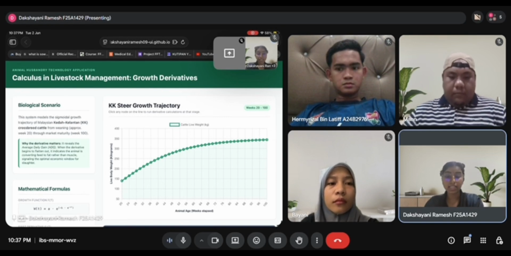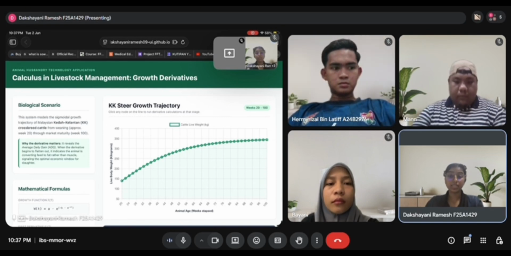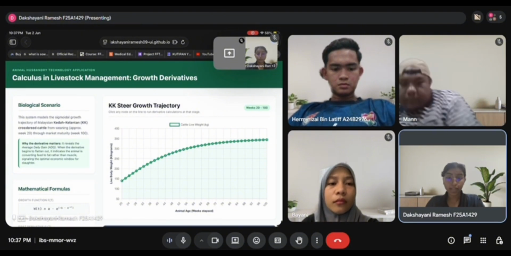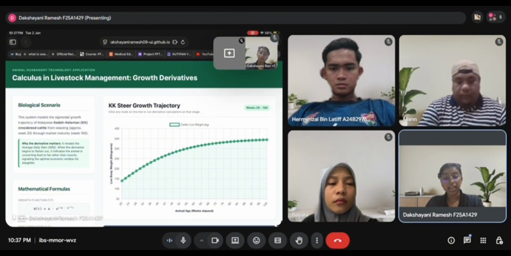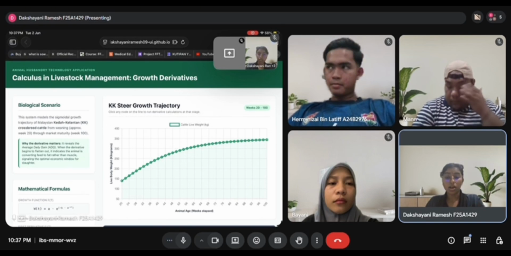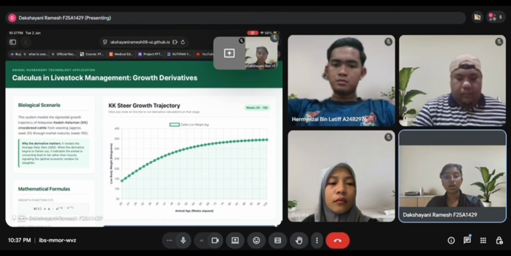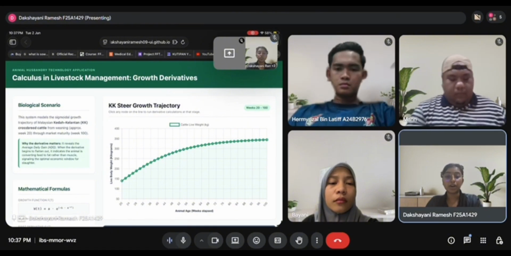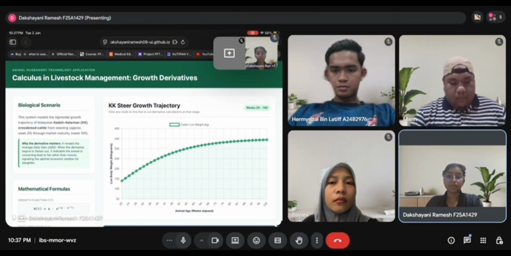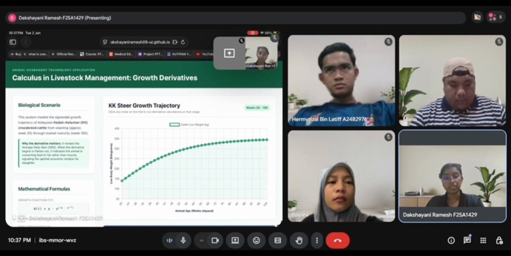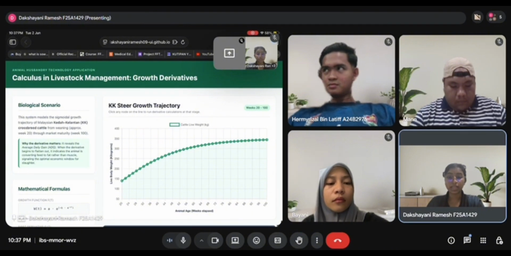By understanding the growth rates, farmers can monitor animal performance, improve feeding efficiency, reduce unnecessary feeding costs, determine the optimal marketing age, and increase overall farm profitability. Therefore, calculus provides valuable information that supports evidence-based decision making in livestock management.